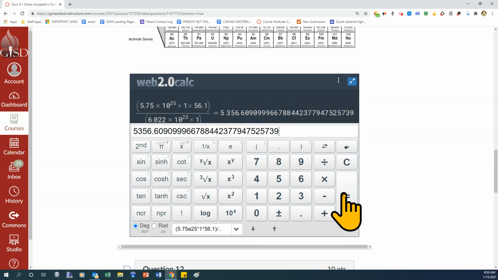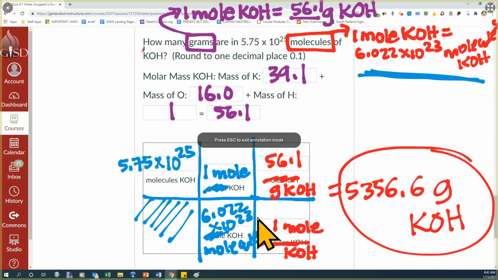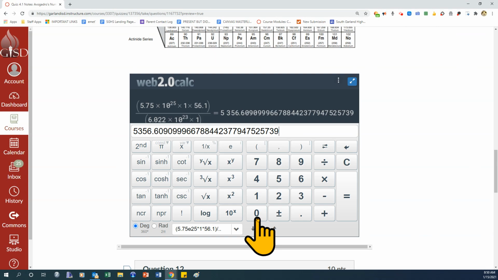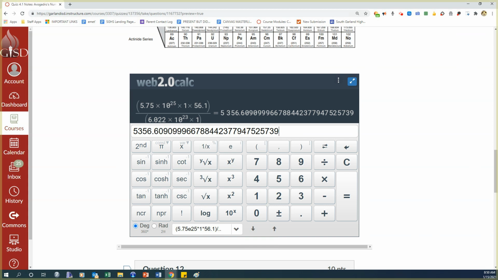Enter. And the answer should be 5,356.609. So it's just a 6. All right. And that's it.